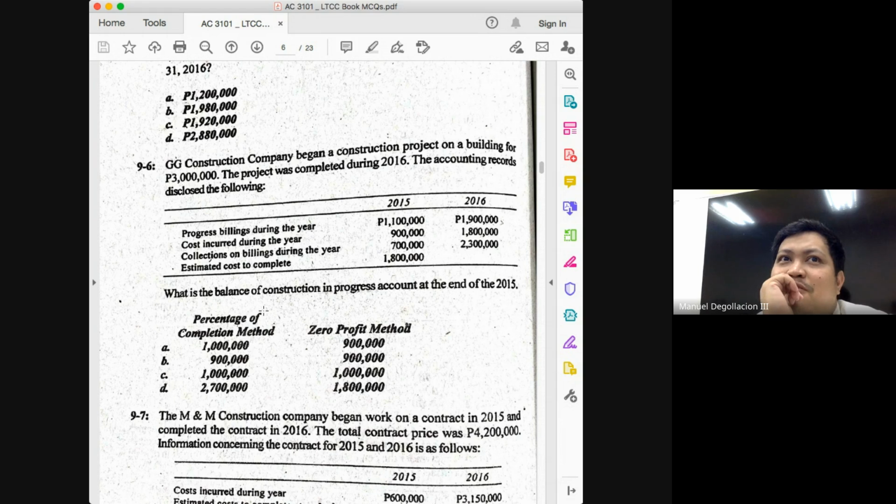You will no longer be asked for the construction in progress. But because I have copies of pre-boards from the review centers, they will still be asking these things. Right?